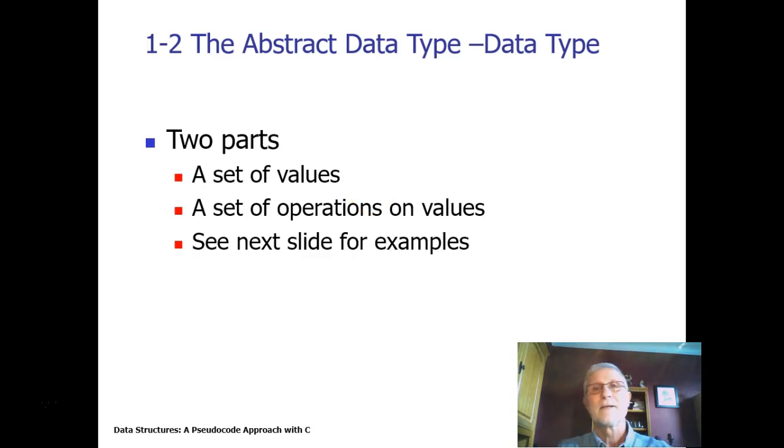Now, the data types consist of two parts. It's got a set of values and a set of operations that can take place on those values. I'll show you some examples on the next slide.